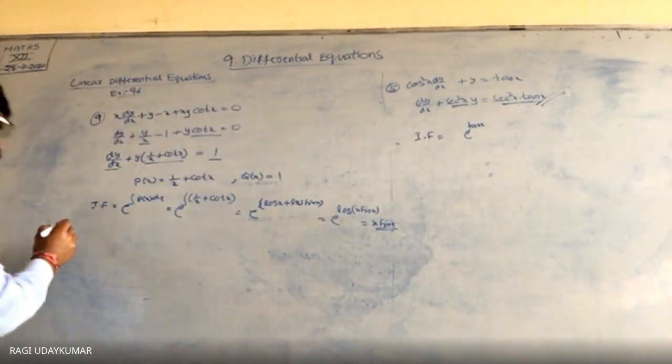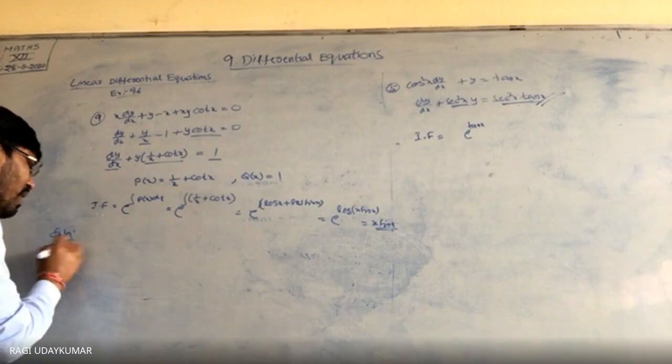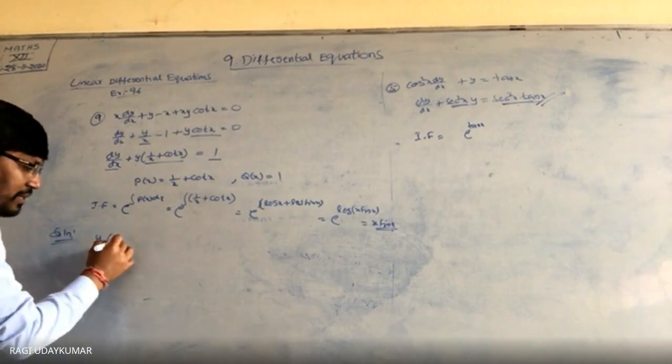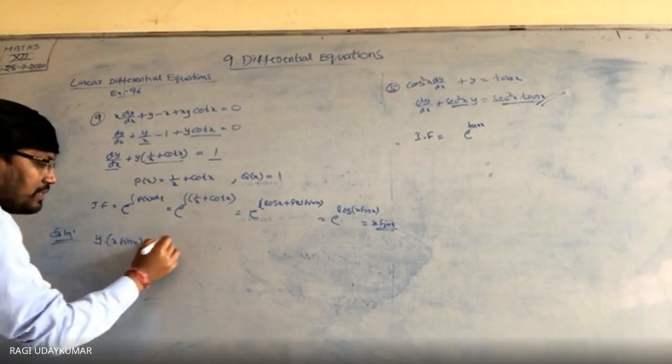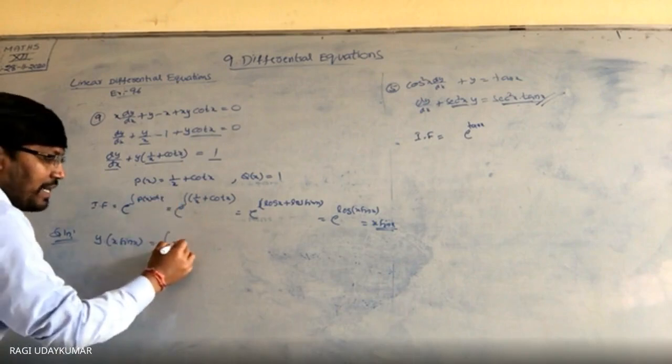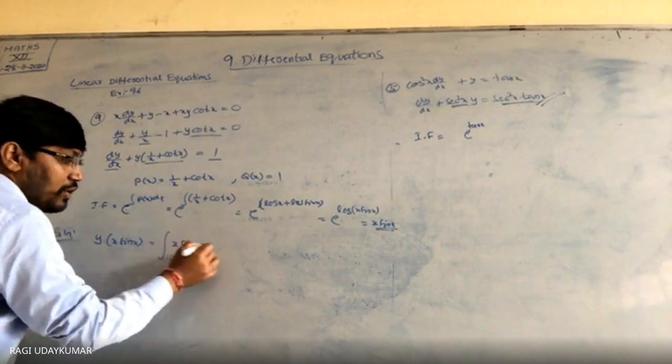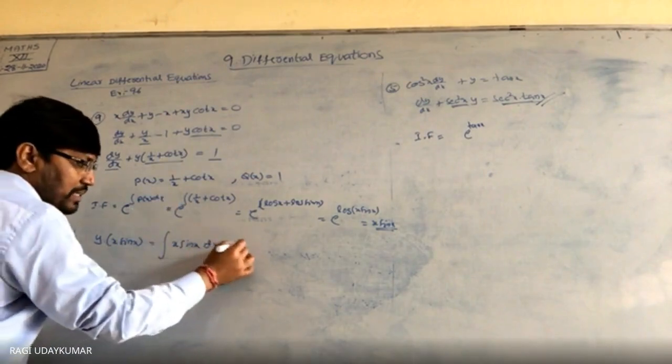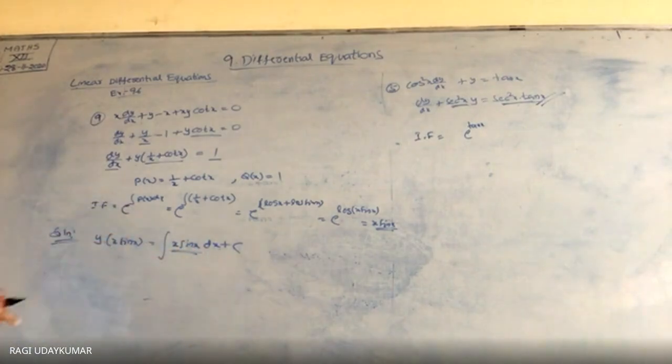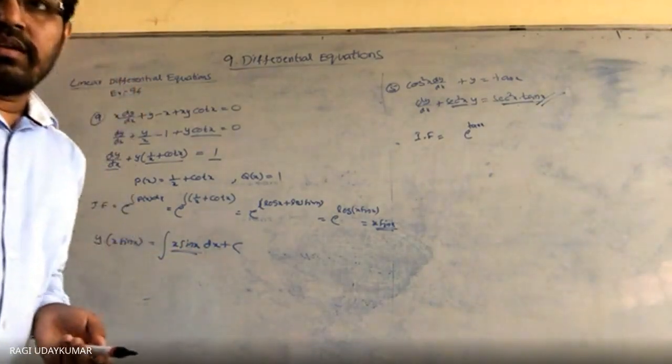Now here the solution is y into integrating factor, that is x sin x is equals to integration of x sin x into 1 dx plus c. x sin x का इंटीग्रेशन बाय पार्ट्स मेथड यूज करो, उसका सॉल्यूशन फाइंड करो. समझ में आया?